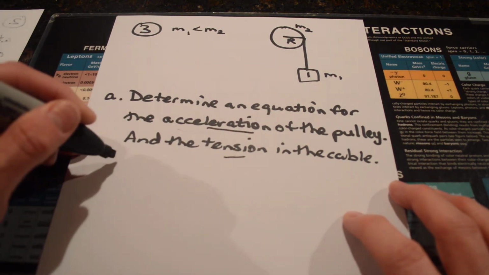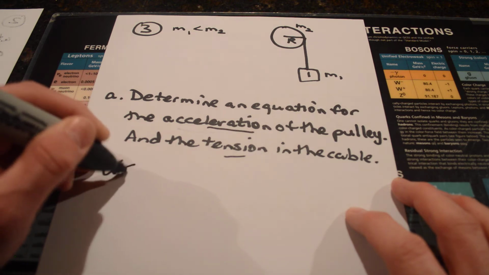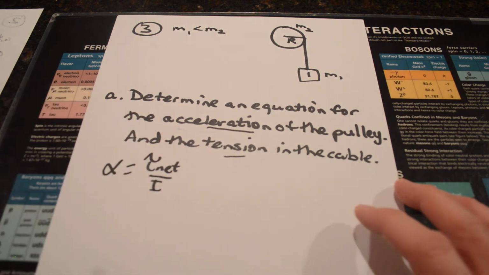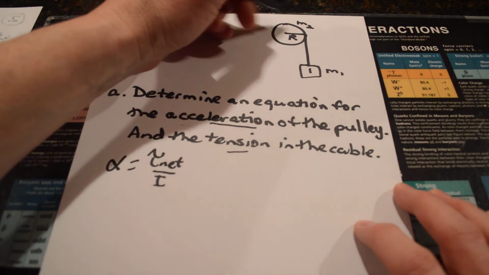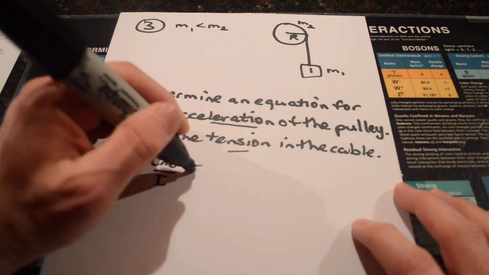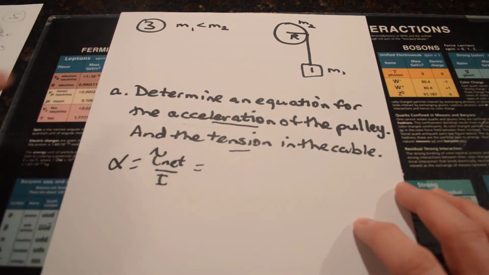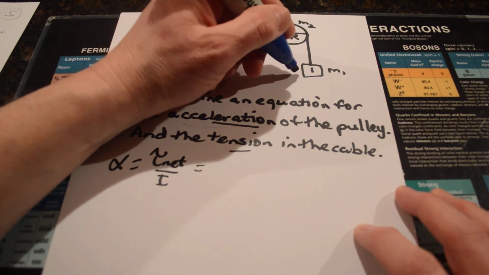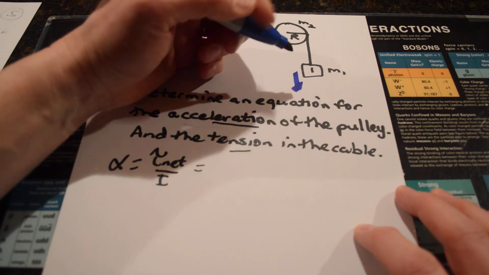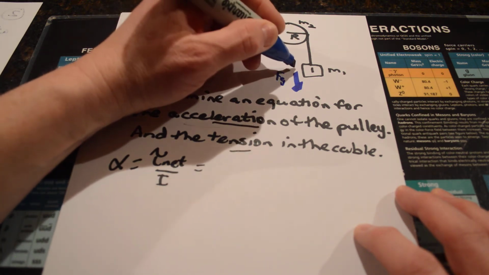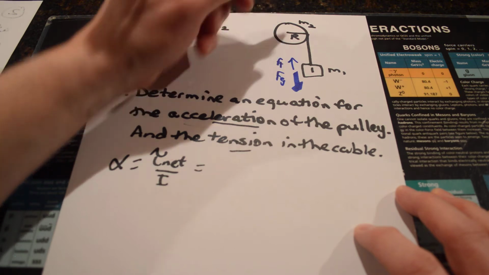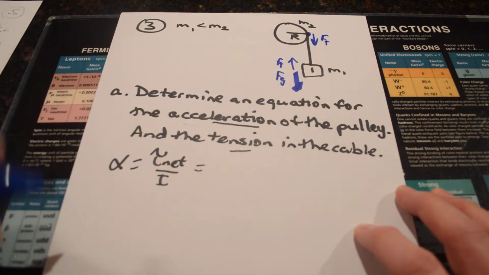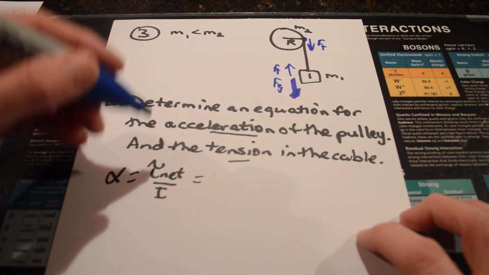Okay. Well, we go by the angular acceleration because we know that that's equal to the net torque over the moment of inertia. We're going to consider the pulley to be a disk. So let's see how we can put this in. If we look at the free body diagrams of the situation, for one, I think it's going to have a force due to gravity acting down. It'll have a tension force up. At this point here, that's that same tension force, but that tension force is what's going to supply the torque.